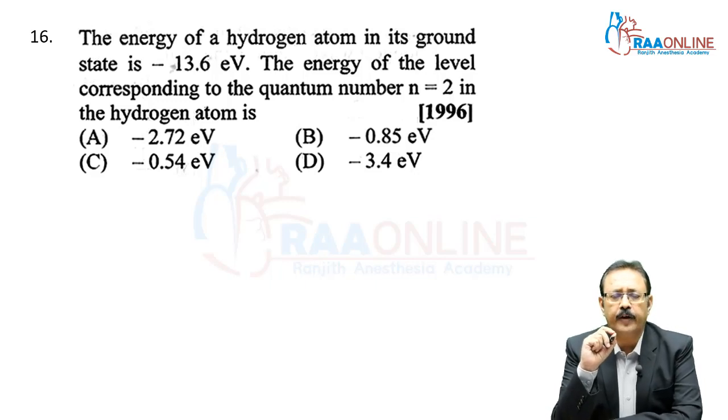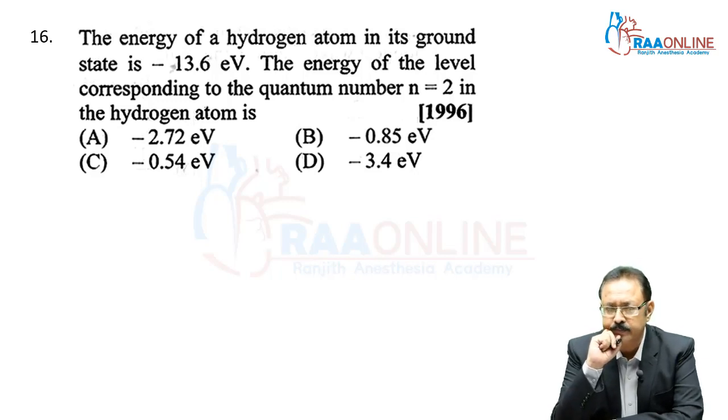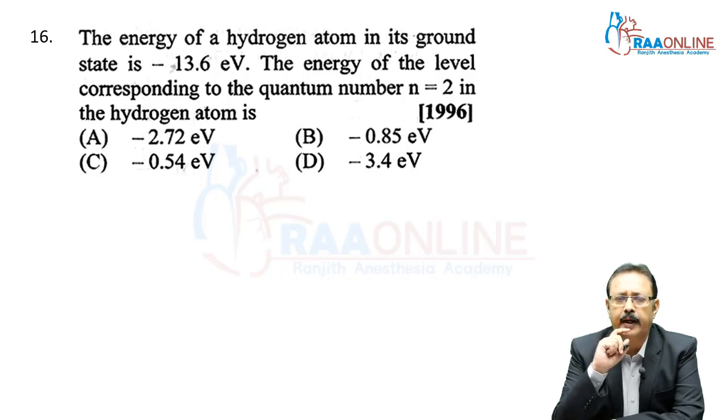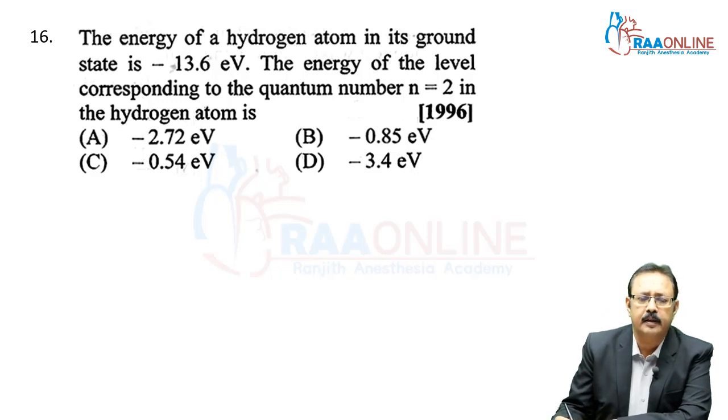The energy of a hydrogen atom in its ground state is minus 13.6 electron volt. The energy of the level corresponding to the quantum number n equal to 2 in the hydrogen atom is, E is proportional to Z square by n square.